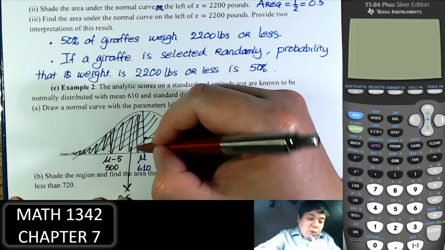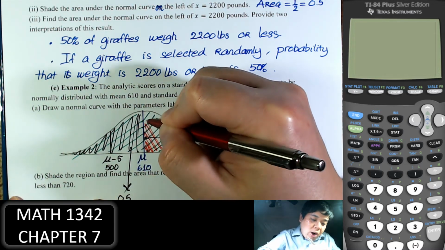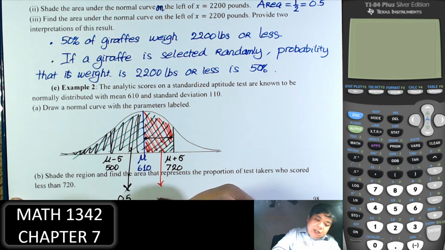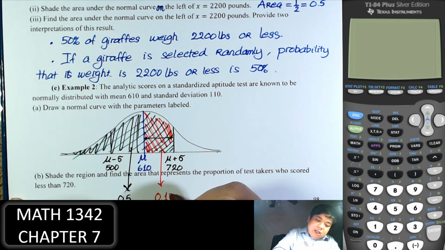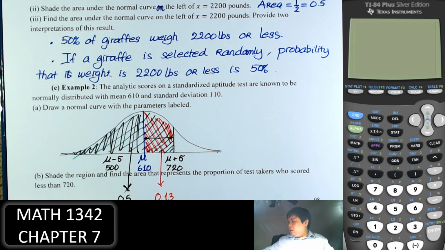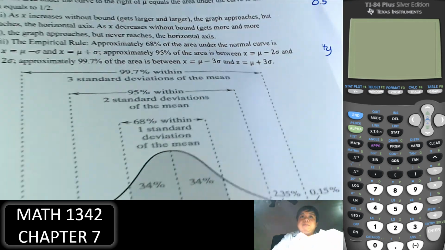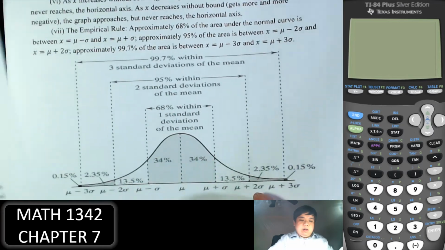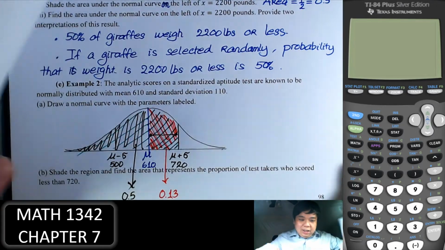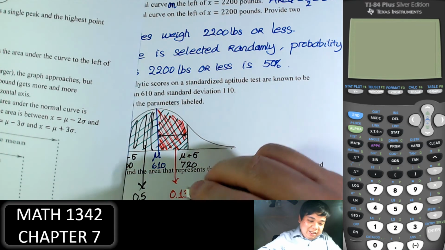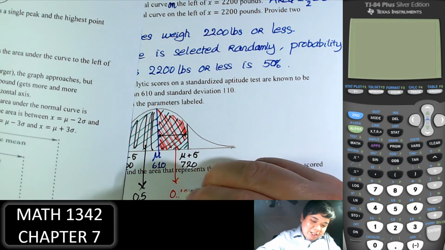And the empirical rule says from the mean to one standard deviation away from it, it is 13%. Sorry, 13.5%. I'm sorry. That's what we need to check.